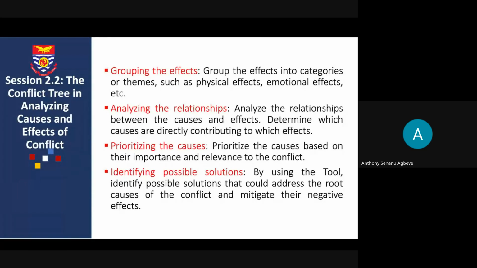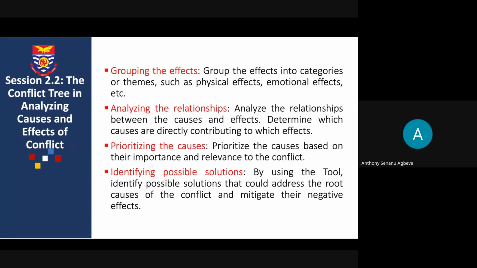Then we need to prioritize the causes. Which of these causes is very important? And how relevant is it to the conflict? So even though the conflict is ongoing, and you identify that the major cause of the conflict is the result of the chieftaincy dispute, then that chieftaincy dispute is leading to serious effects on the society, right?